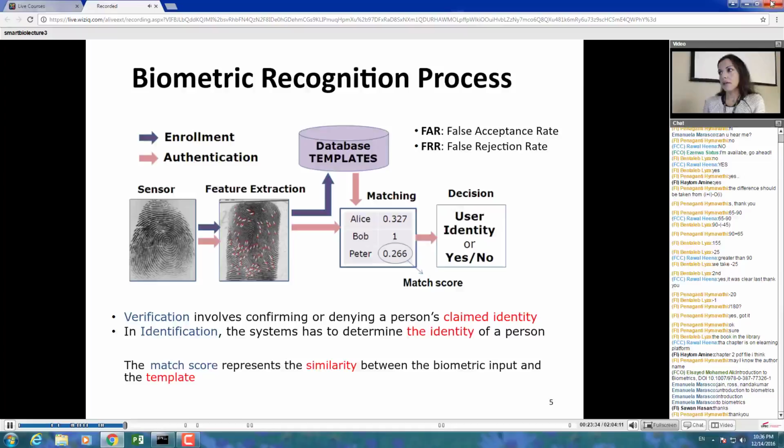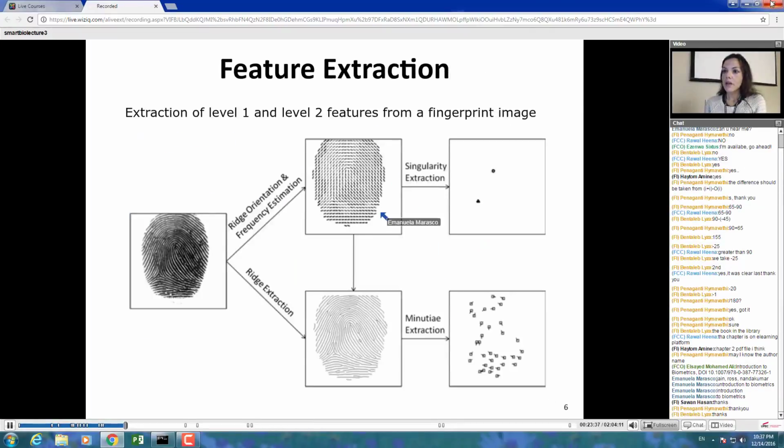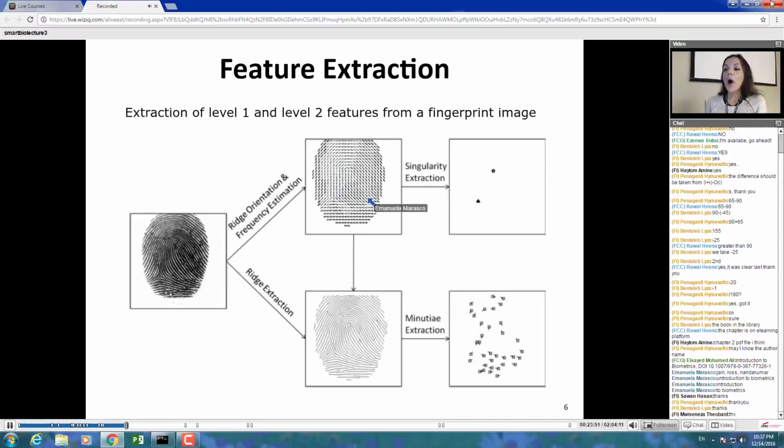So again, in the first part, we estimated the orientation. So we know how to extract the orientation map, the orientation. We know what we can obtain from it, and then we apply the pointer index to detect singularity points, to extract them. This is a loop.